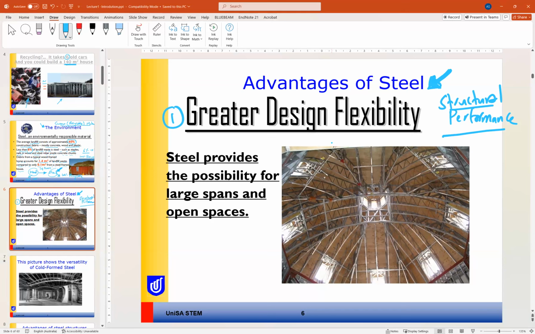The steel gives you flexibility in design, architecturally and structurally, because it gives you the option to use larger spans, since steel is a high strength material.